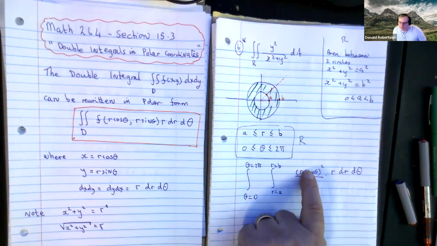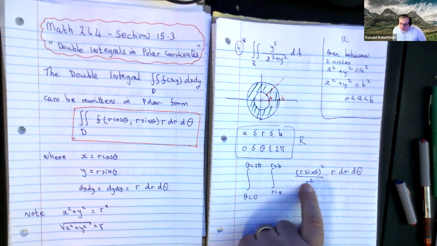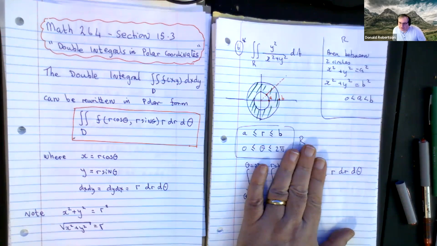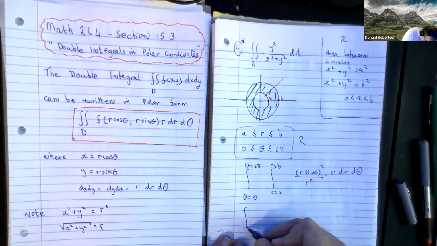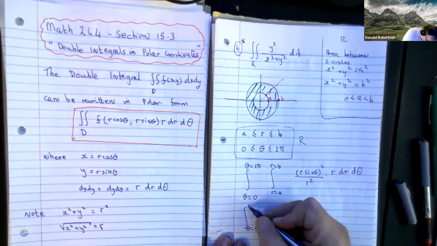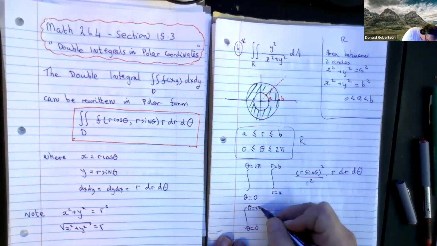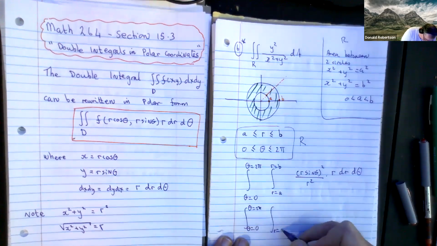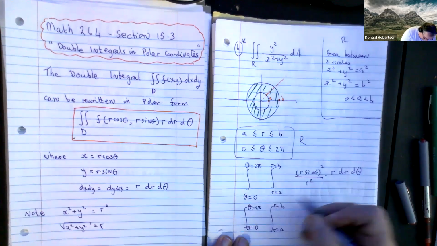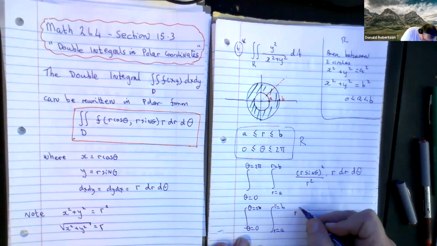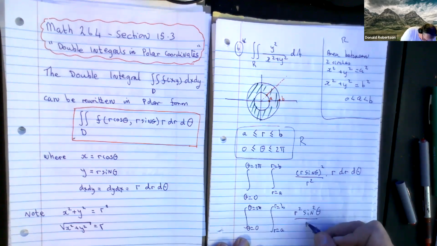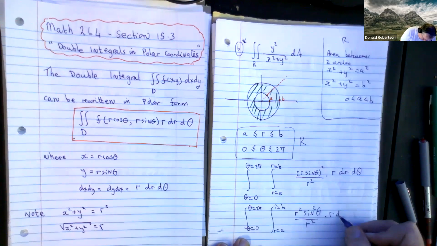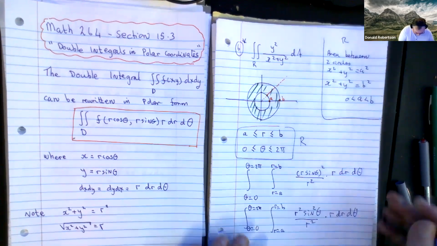Are you comfortable about all the pieces, where they're coming from? That is y squared. That is x squared plus y squared. And the r dr d theta basically does the dx dy part. Now I'm going to do a little tidying up. If you multiply this out, you get r squared sine squared theta over r squared times r dr d theta.